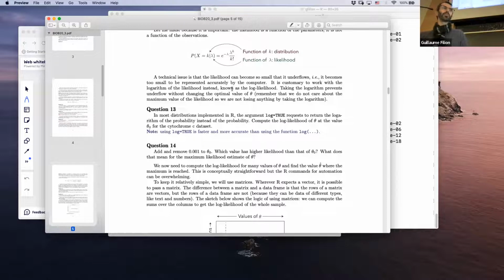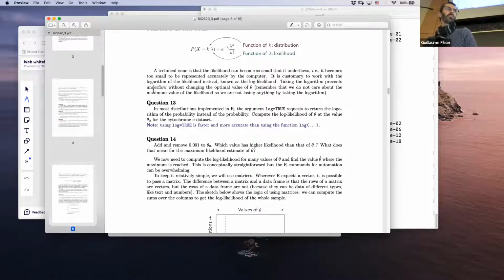So a technical issue is that the likelihood can become so small that it underflows. That is to say, it becomes too small to be represented accurately by the computer. It is customary to work with the logarithm of the likelihood instead, known as the log likelihood. Taking the logarithm prevents underflow without changing the optimal value of theta.